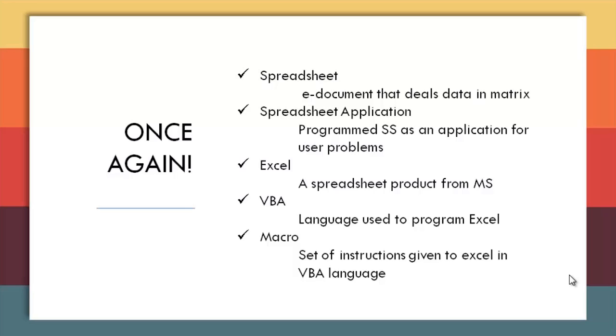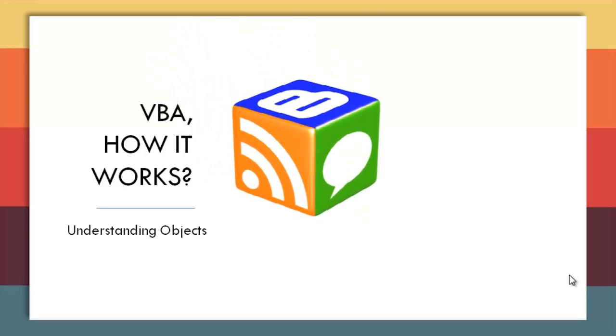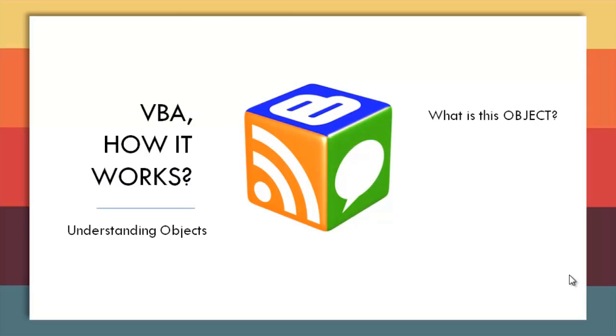So, with these terms ready, we will get into how VBA works. To understand the working of VBA, we need to understand what objects are. So, in this mission of understanding objects, take this object, which we usually call a cube, right?